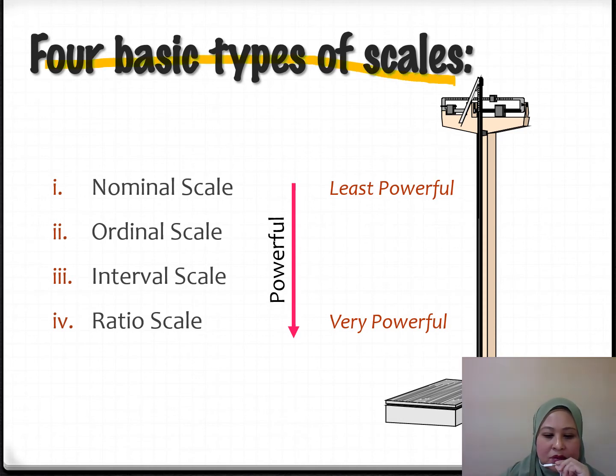There are four basic types of scale, right? You can see that the first one is the least powerful, and number 4 is the most powerful type of scale. We start with the nominal scale, followed by the ordinal scale, interval scale, and ratio scale.